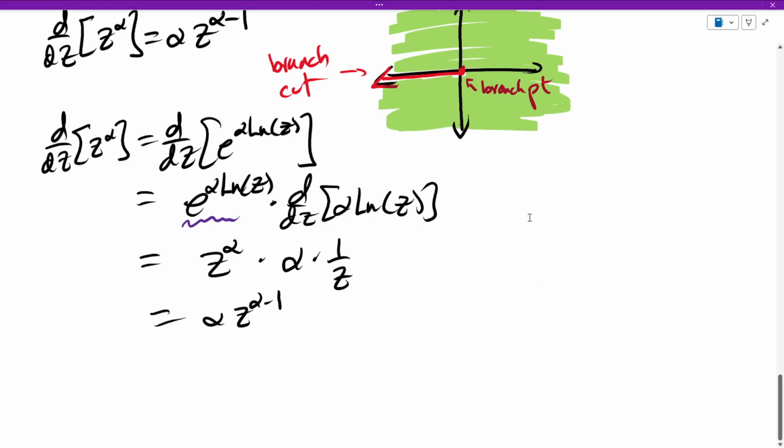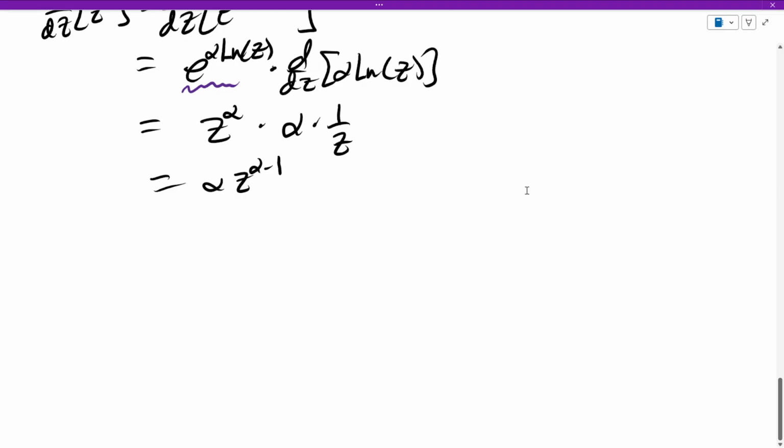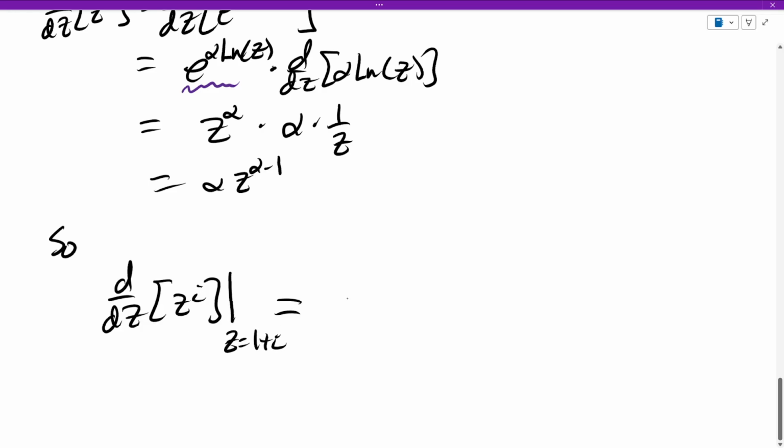So, in particular, if we wanted to compute something like the derivative of z to the i at a point, let's say, as in the example in the book, evaluated at 1 plus i, we just compute the derivative like normal, so that's i z to the i minus 1, and then we evaluate it at 1 plus i.